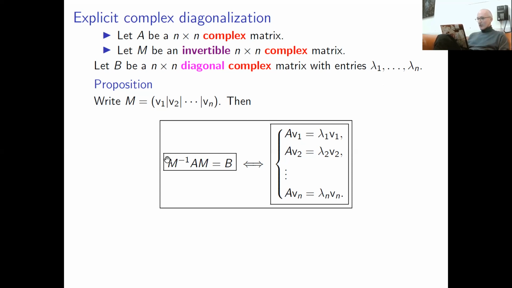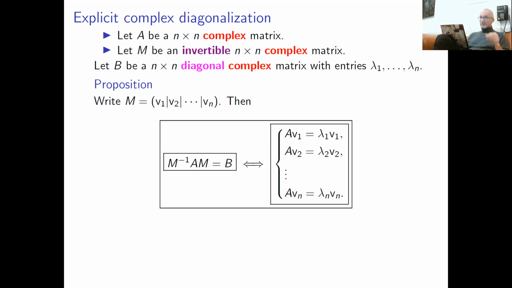You just multiply this equality by M, you get the equality AM equals MB, and then you observe that AM is nothing but the matrix AV1, AV2, up to AVn, where AVi is the ith column of the matrix. And when you multiply matrix M by B, you get a matrix whose columns are just the vectors lambda 1 V1, lambda 2 V2, up to lambda n Vn.